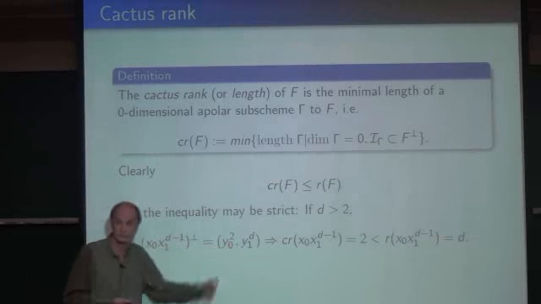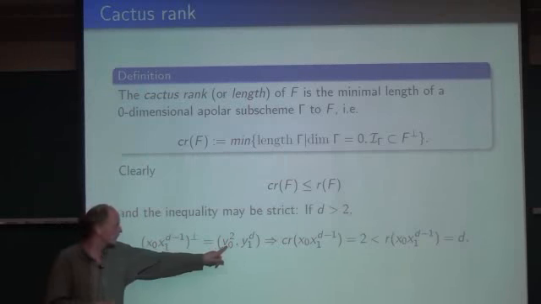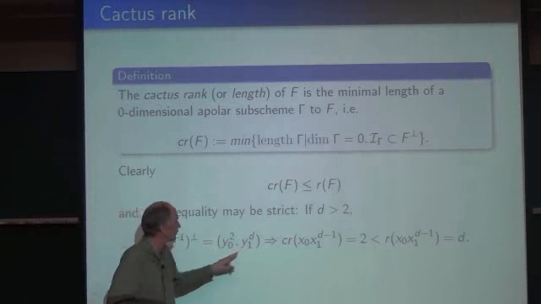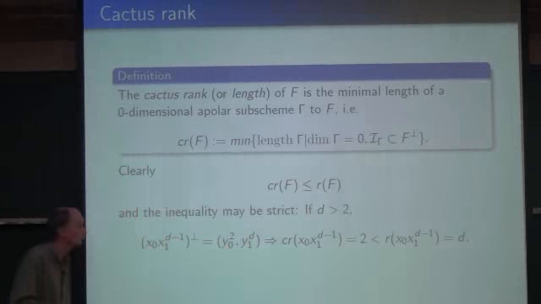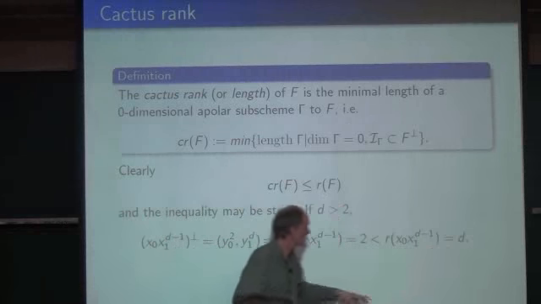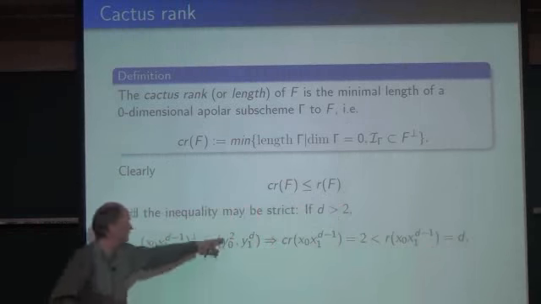So these are the generators. But the first generator, the one of lower degree, is not square free. It is a square. So to get something square free in this, I have to go all the way up to degree d. So the rank is d, while the cactus rank is just 2. That's the degree of this guy.